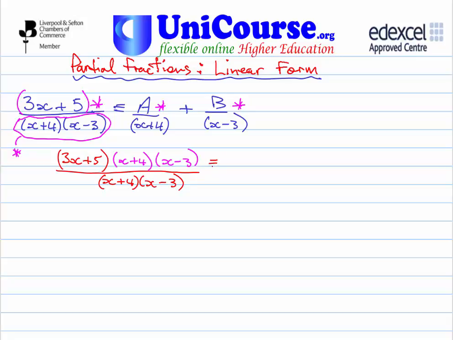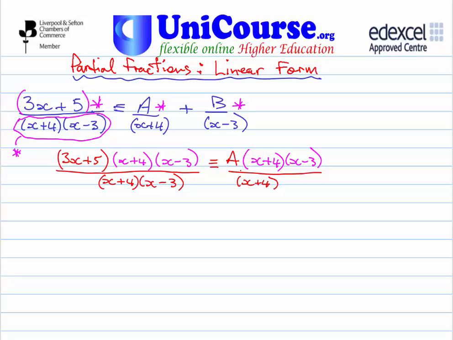And then we're going to have over on the right hand side, we've got an a there, and then got this purple stuff again, x plus 4, x minus 3. That's sitting over, well, what was there originally? It's an x plus 4.